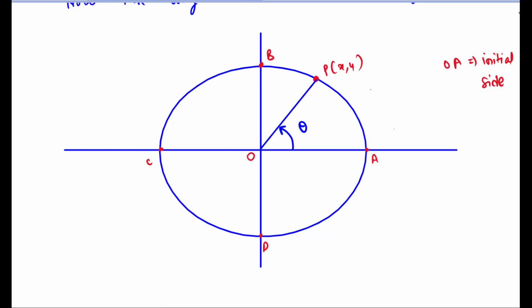Now construct a right angle triangle with point P as the vertex. So this is a right angle triangle. Let this point be M.